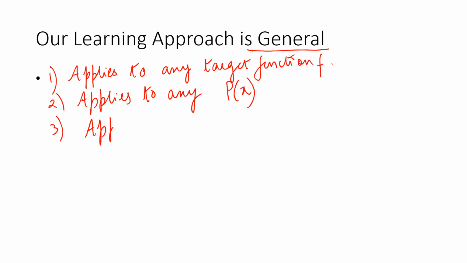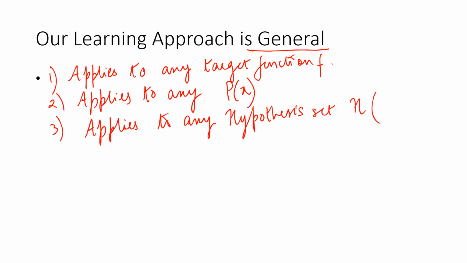I can come up with all sorts of functions. For example, it could be PLA, neural network, support vector machines, whatever. But this theory will apply to any of them, all of them.